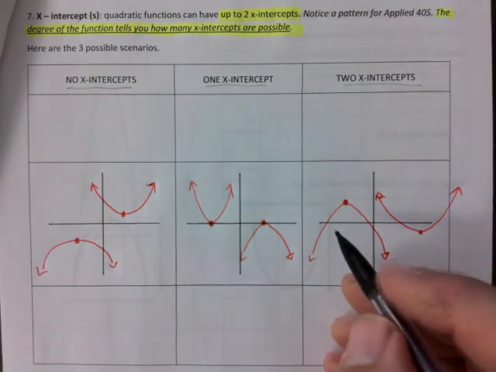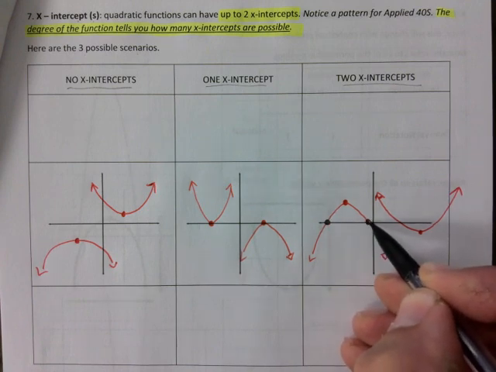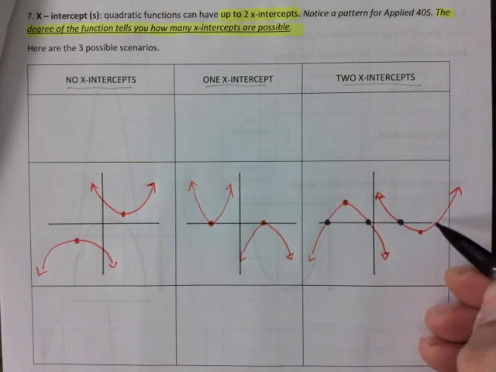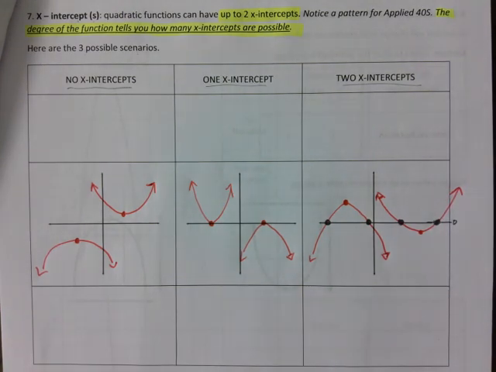And I'm going to make big dots with my pencil. I'm going to extend the x-axis a little bit. 2 x-intercepts.